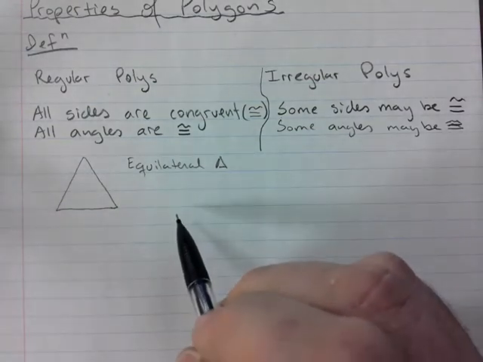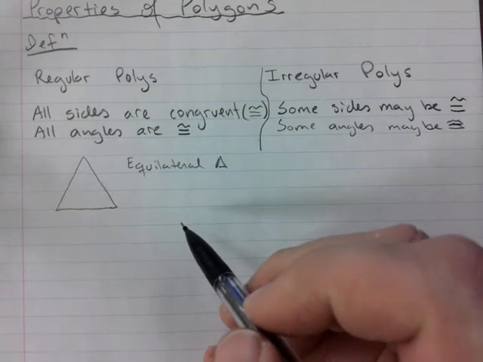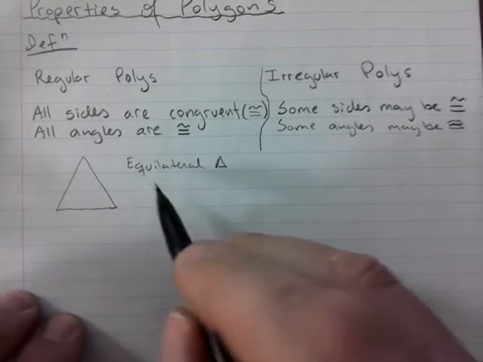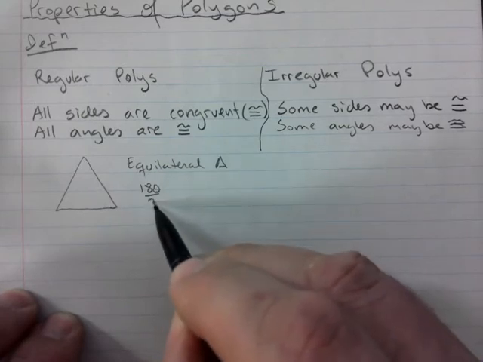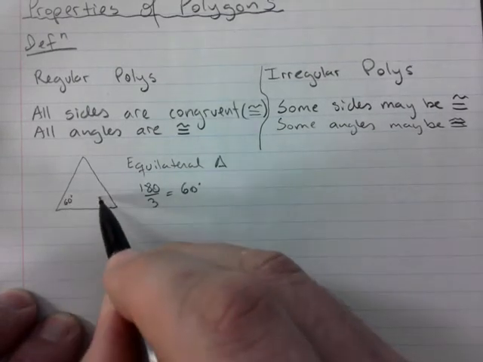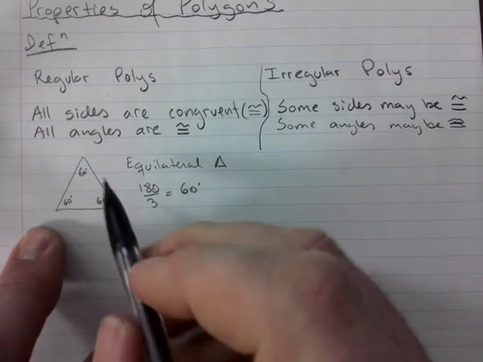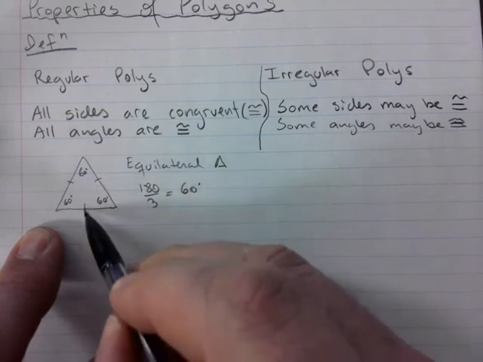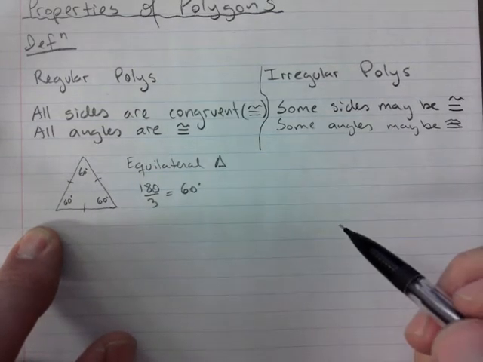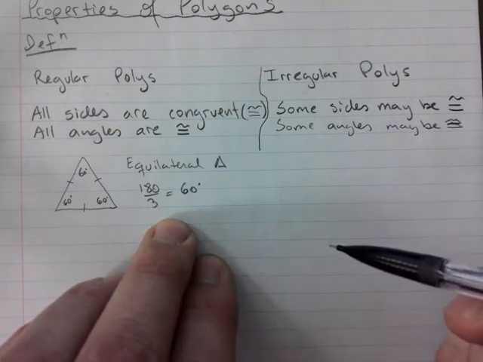What do all angles add up to in a triangle? 180. Dividing that by 3, each angle is worth 60. If you ever see a triangle where all angles are the same, you're guaranteed that all sides will also be the same. So that's kind of a neat property.